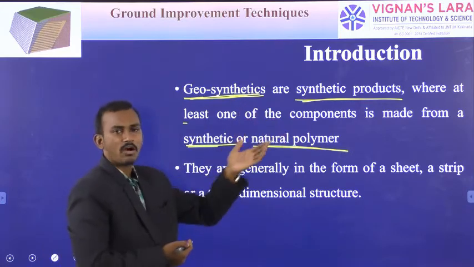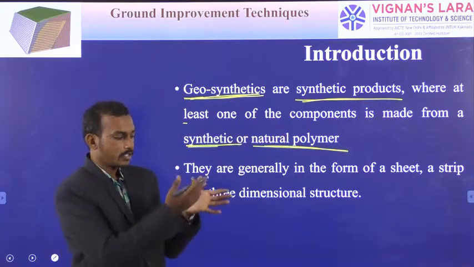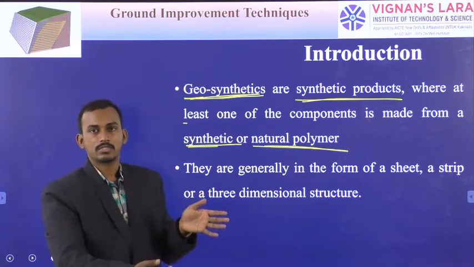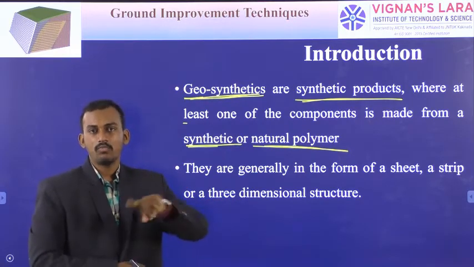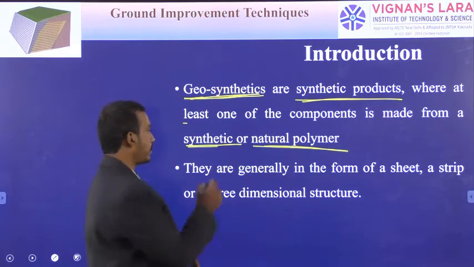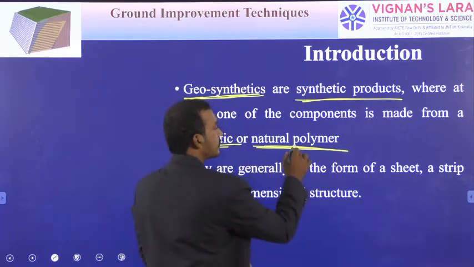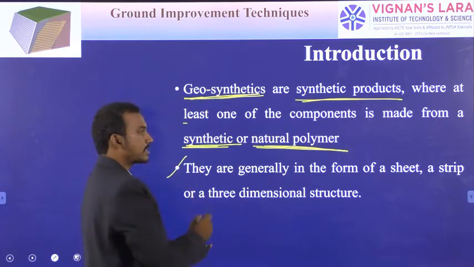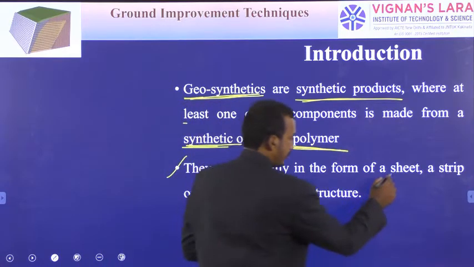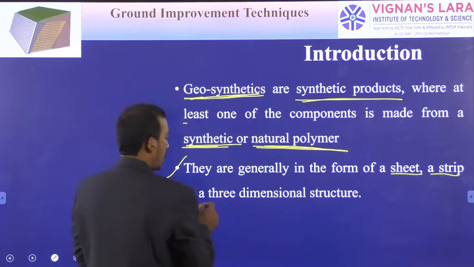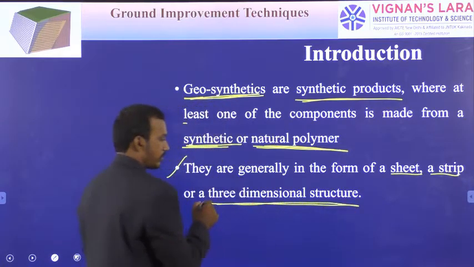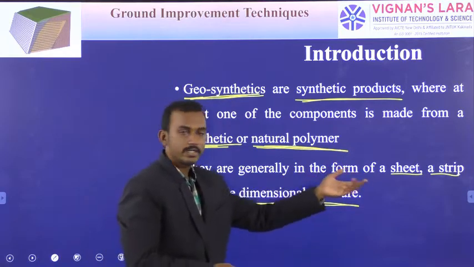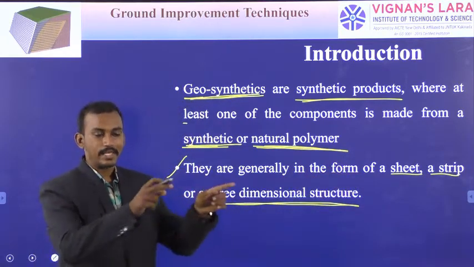We have the composition of geosynthetics. That means geosynthetics is a mixture of parts. Out of all the compositions, at least one component should be made up of a synthetic or natural polymer, any polymer. They are generally in the form of a sheet, a strip or a three-dimensional structure. Geosynthetics are available in three forms. A sheet type structure is just like a paper.